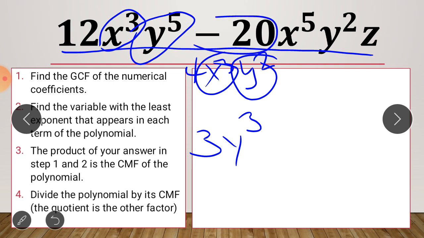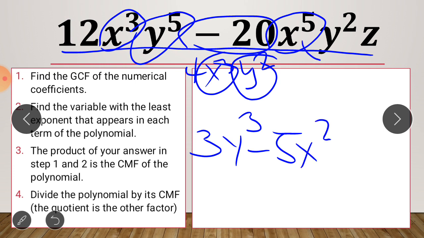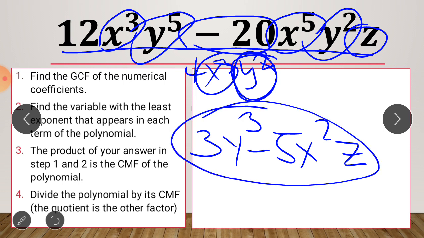Next, negative 20 divided by 4 will give you negative 5. X raised to 5 divided by x cubed will give you x squared. Y squared divided by y squared will give you 0, so that will be cancelled. Then just copy z. So this is the second factor.